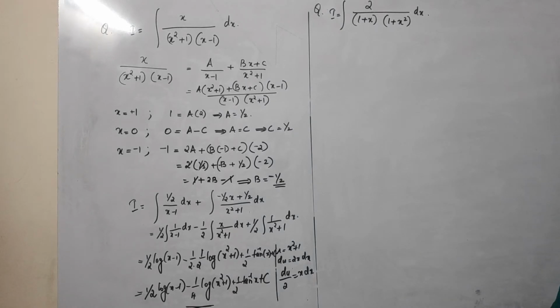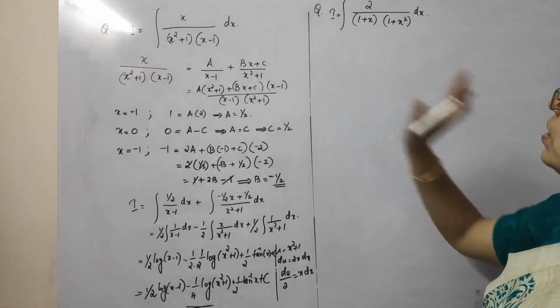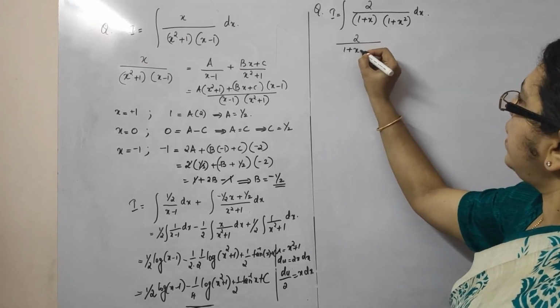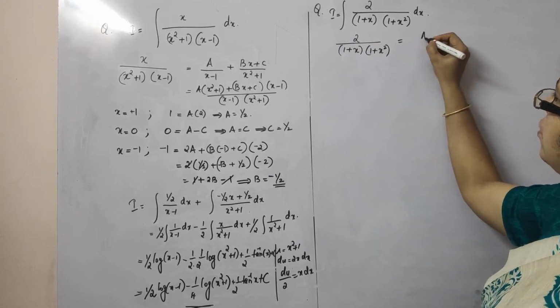Now, let's move on to the next question, that is I is equal to integral of 2 by 1 plus x into 1 plus x square into dx. This is somewhat similar to the former one. So, here I have 2 by 1 plus x into 1 plus x square. How will I write this using partial fractions?